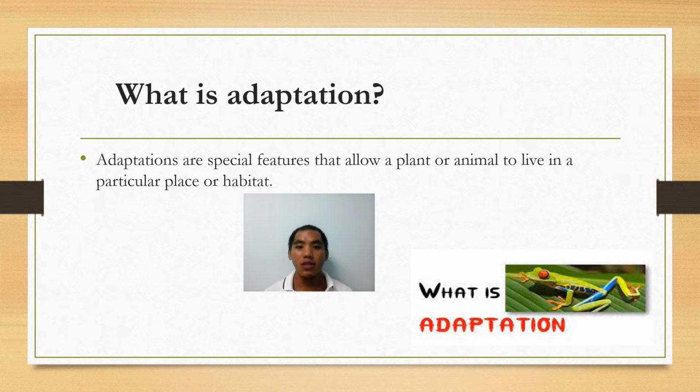Meaning, living things can live in a particular place because they were able to adapt to the environment or their own habitat. Okay, that's all about adaptation. Let's proceed now to our next lesson.